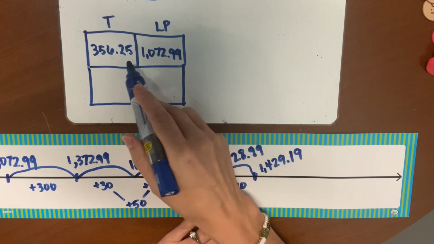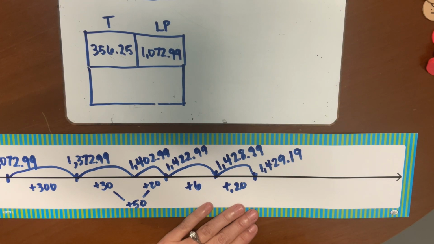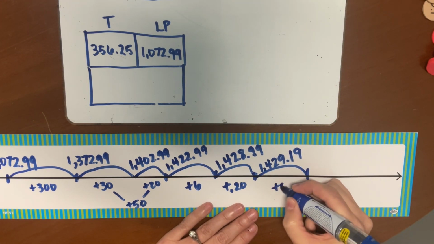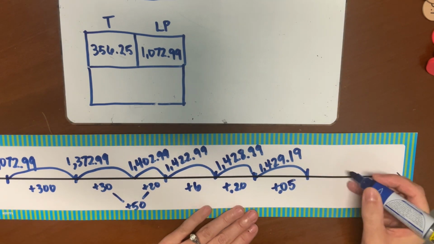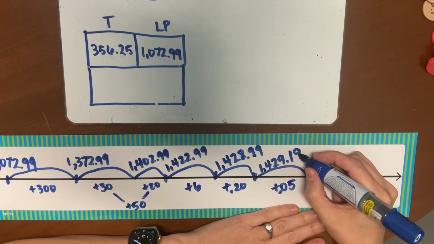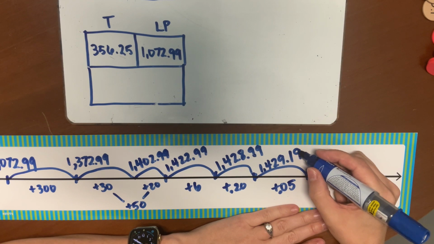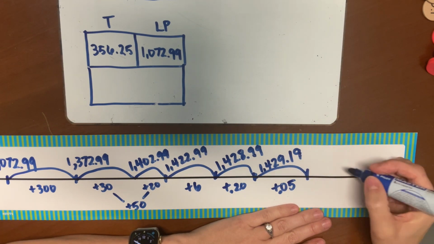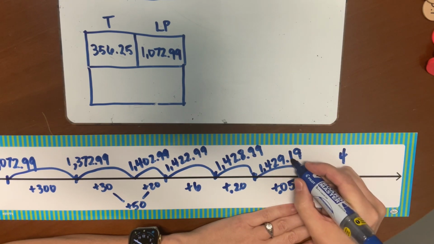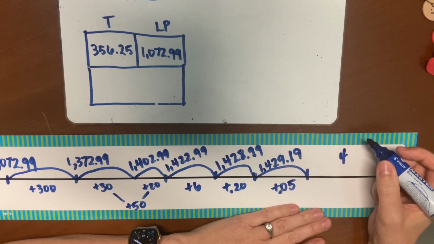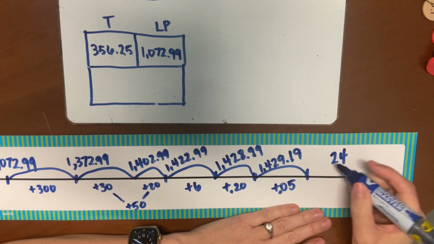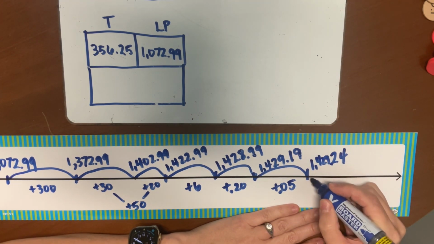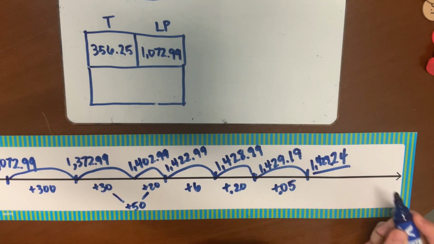And then I still have 5 cents left, so that's 5 hundredths. So plus 5 hundredths. Let's see, plus 5 hundredths here would make that 9 plus 5 is 14. So I'm going to have a 4. And this then becomes a 2 because 14 would be carrying the 1. I think I'm at $1,429.24.